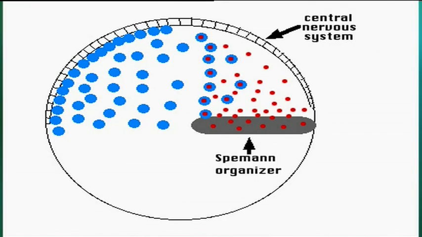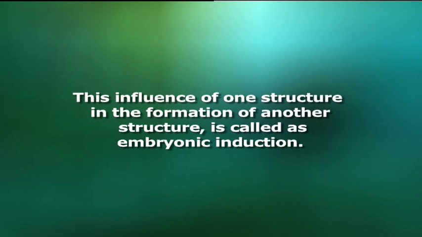Spemann concluded that the transplanted cells had changed the normal path of development of the host cells. The host cells above the graft were induced to create a second central nervous system. This influence of one structure on the formation of another structure is called embryonic induction.